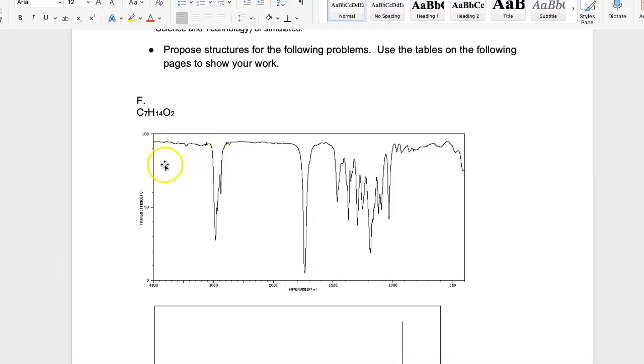We can rule out any OH groups because there would be a big broad peak right here, and we don't see that. Everything below 1500 is considered the fingerprint region, and it doesn't give us much input on functional groups, so we're going to ignore these peaks to the right.